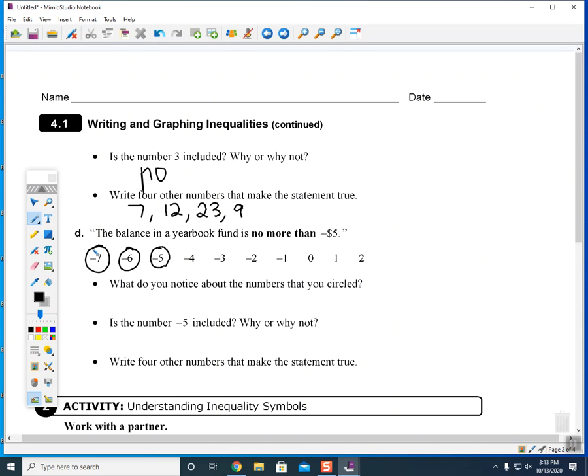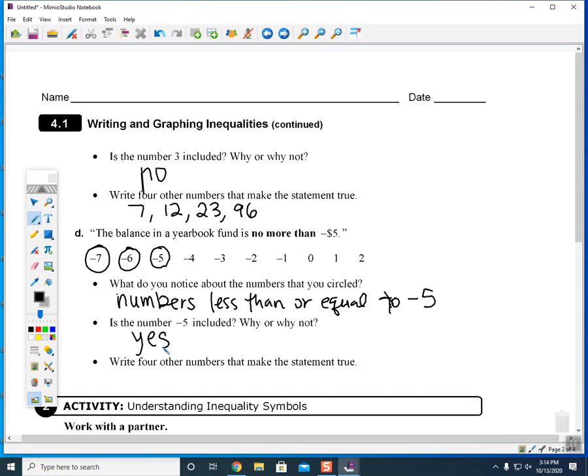So the numbers that I circled are numbers less than or equal to -5. Is negative 5 included? Yes, it is.